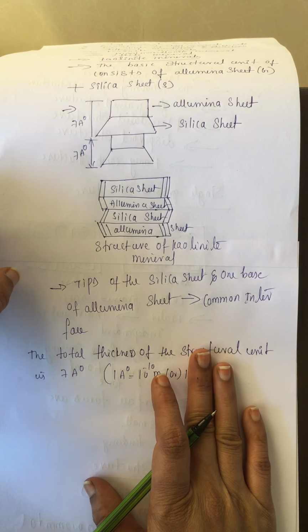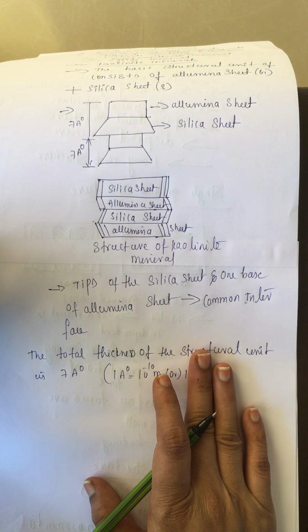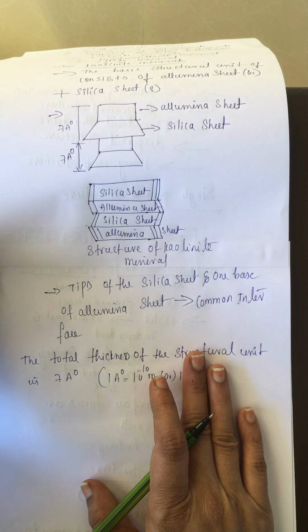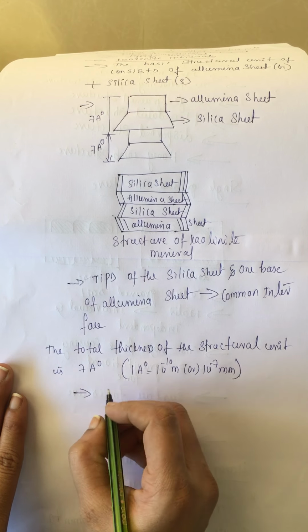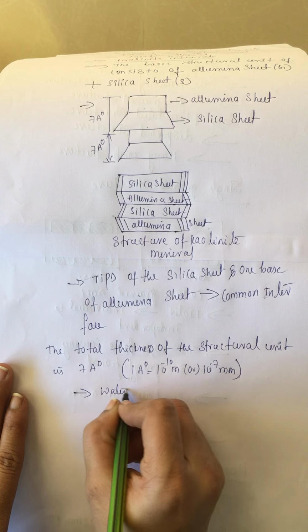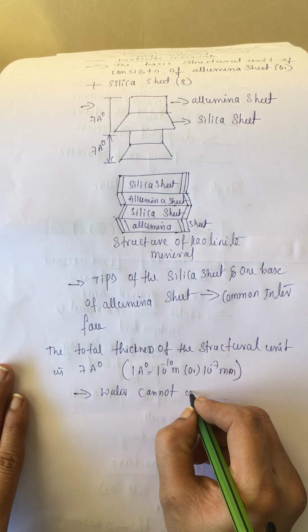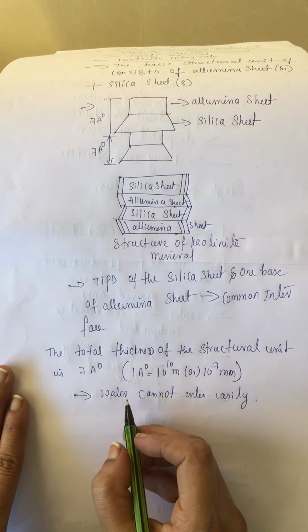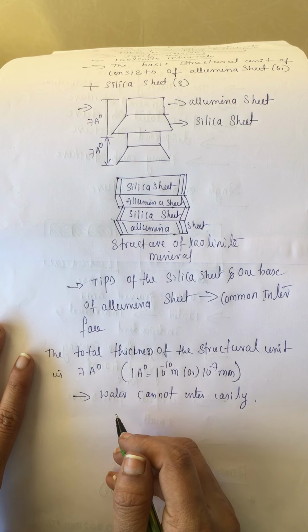So what are the characteristics of this kind of mineral? Water cannot easily enter between the structural units in this kind of mineral because they are closely arranged, so expansion or swelling will not take place.